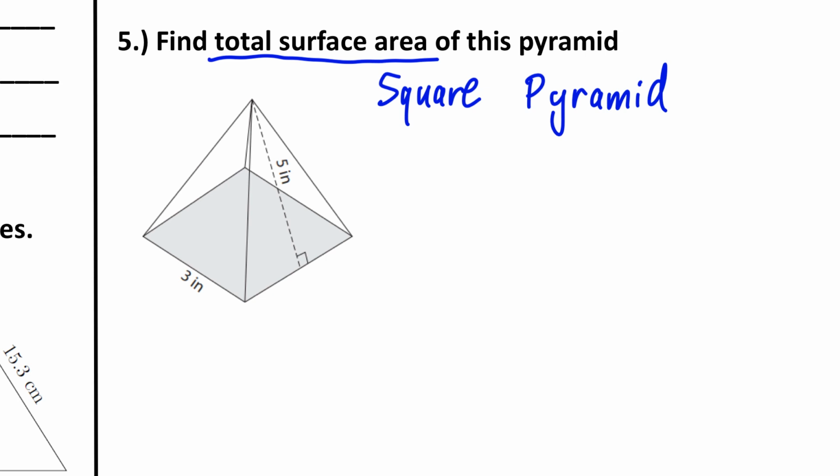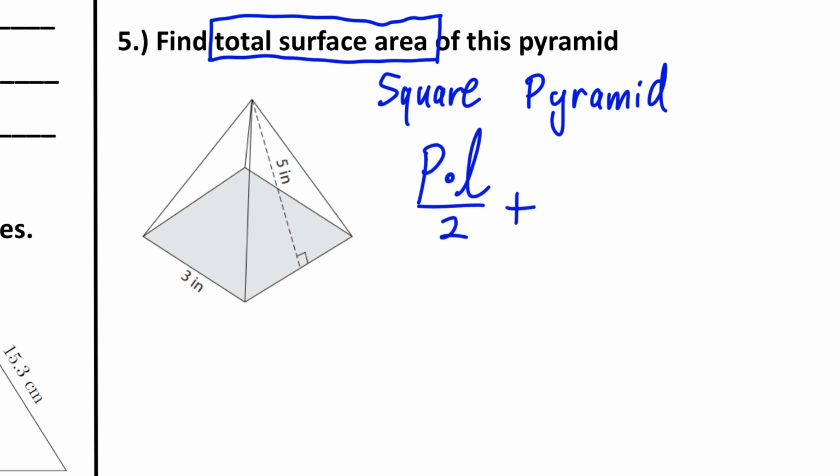Looking back at our formulas, how do we find total surface area of a square pyramid? P times L divided by 2, plus B.